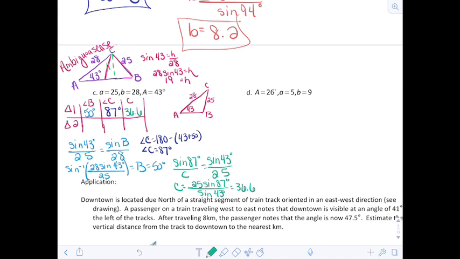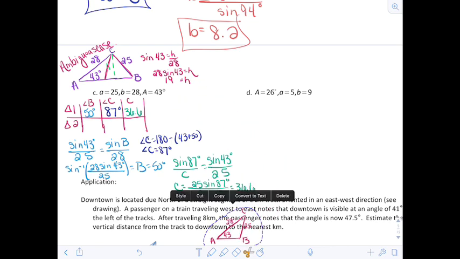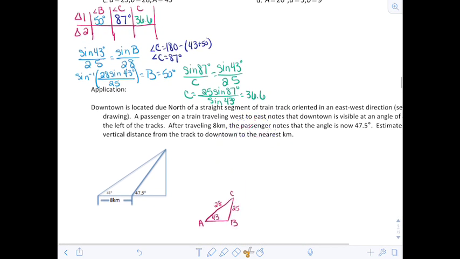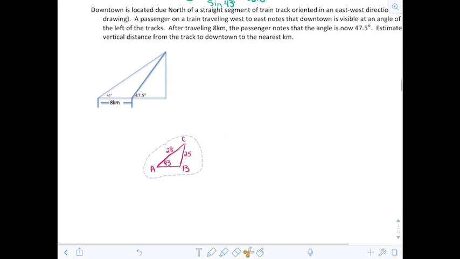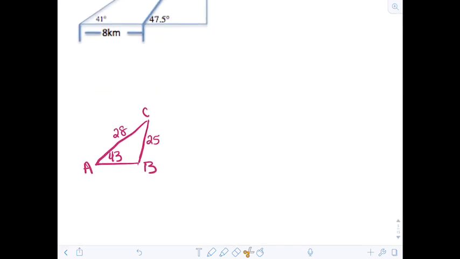So now, when we have this first triangle taken care of, we need to do the second triangle. So I'm going to take this second triangle, and I want to move it all the way down here where we have some more room, and I'm going to work with this one. So now, here's what we need to remember.